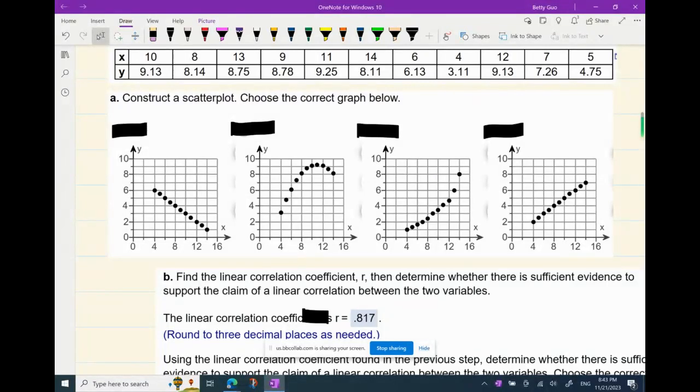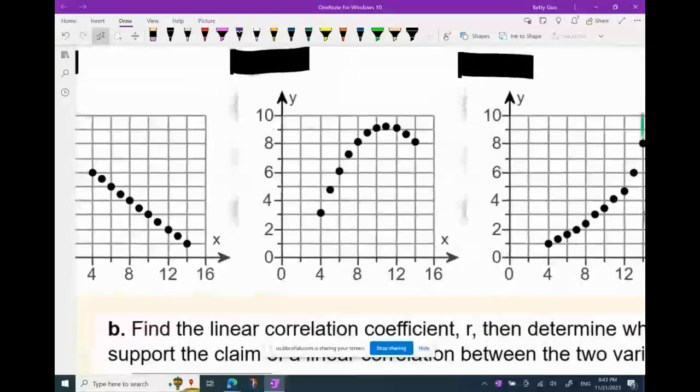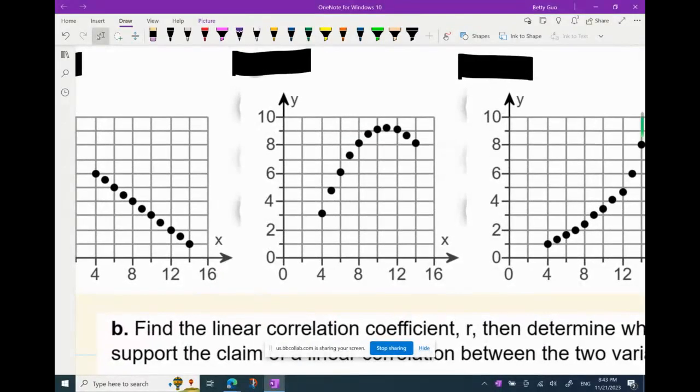But the horizontal scale is from 0 to 16, and each unit is 2. But vertically is from 0 to 10, and each unit is 1. You see that? Do you see that, guys? Yes or no?